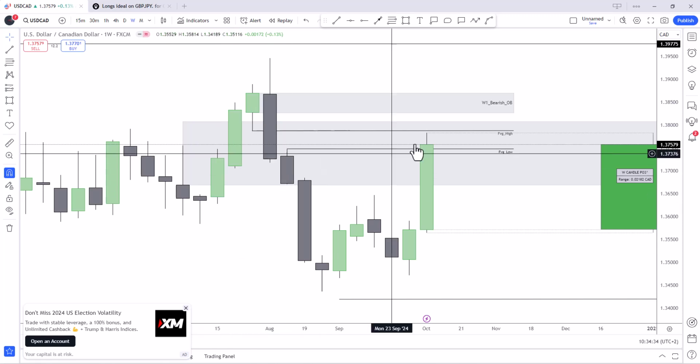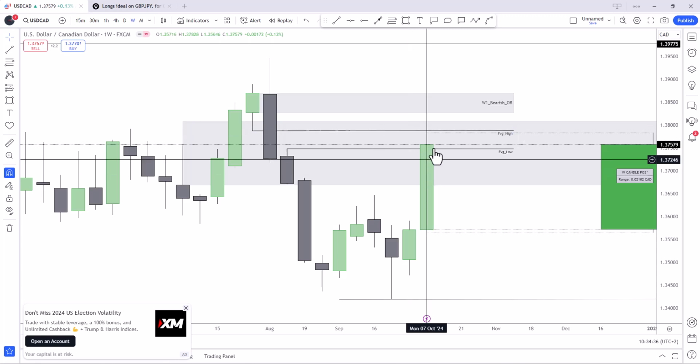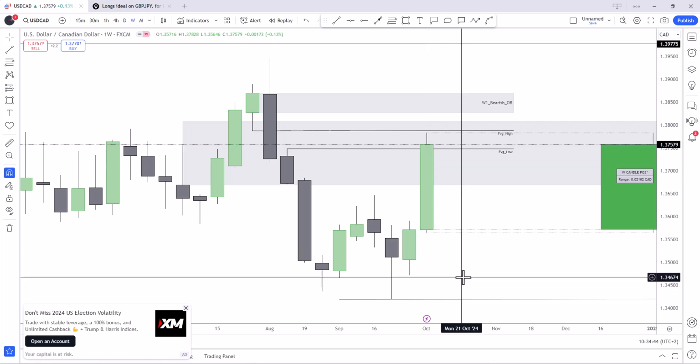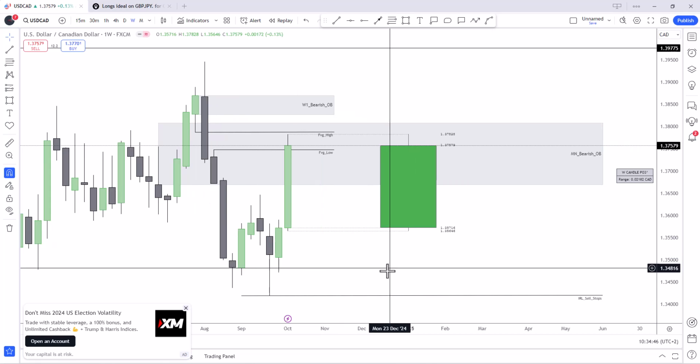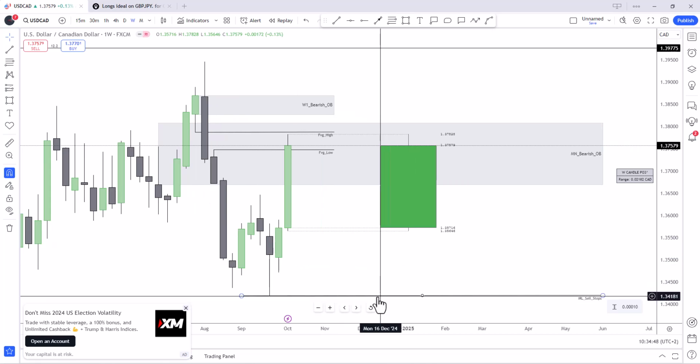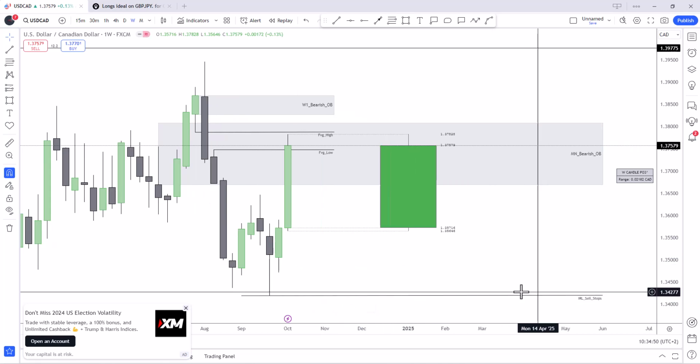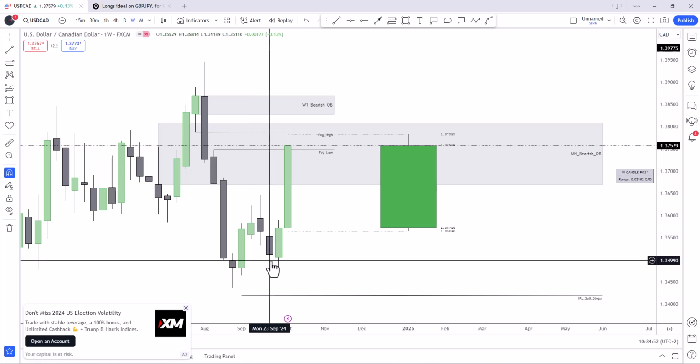Right now we are at a high probability shorting area on the USDCAD weekly chart, and you can see the target is right here, this level that I marked on the monthly chart, the old low that came in on the week of September 24. That will be your target for shorting opportunities.